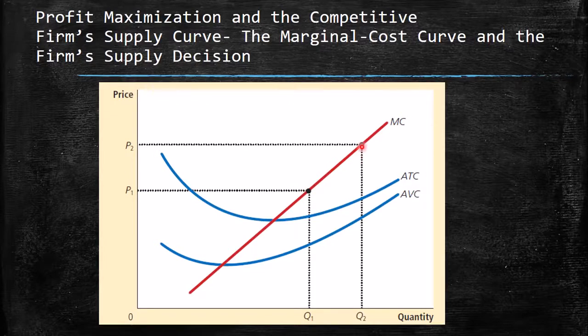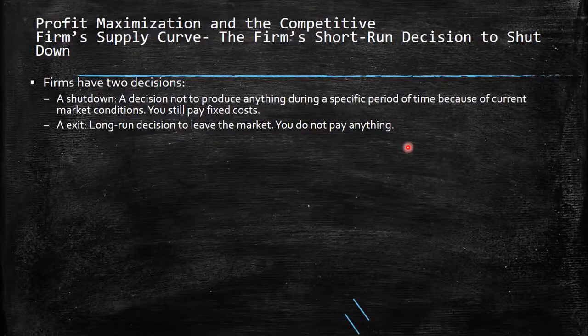And this is another idea: you can produce more if the marginal revenue is around here, which means the price of the market. So this one is going to behave as the supply curve of the competitive firm.